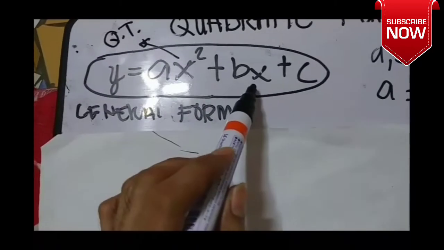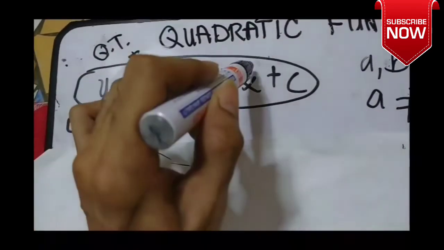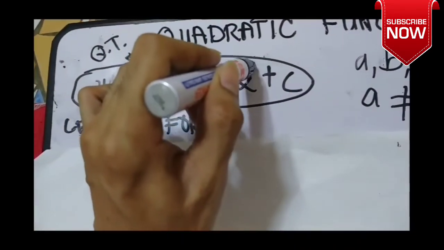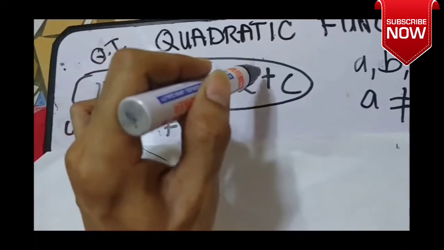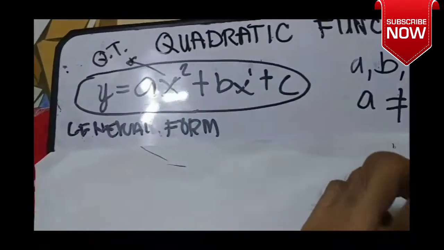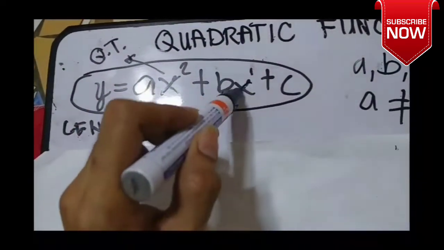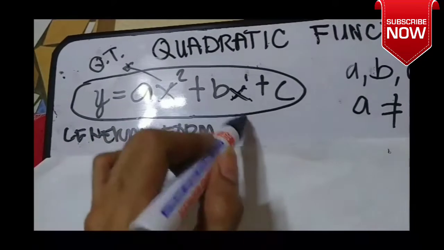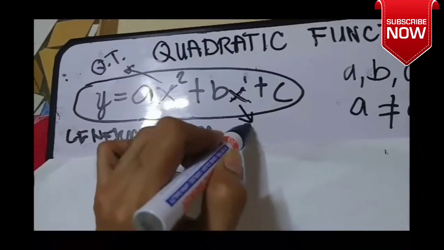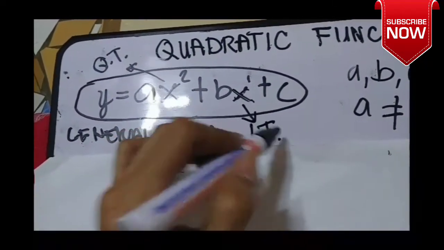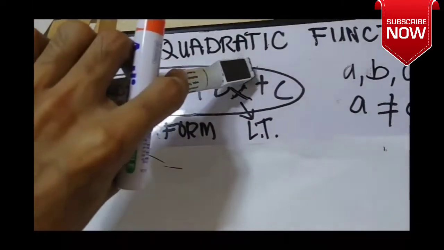At yung bx naman, kung saan may understood na 1 sa upper right corner ng x, yan naman ang tinatawag na linear term. Hindi na natin kailangan isulat yung exponent na 1 dahil it is understood.